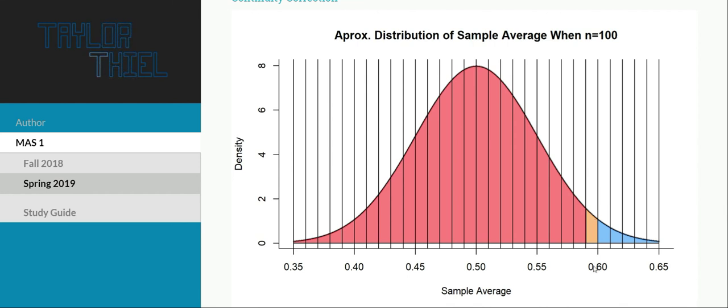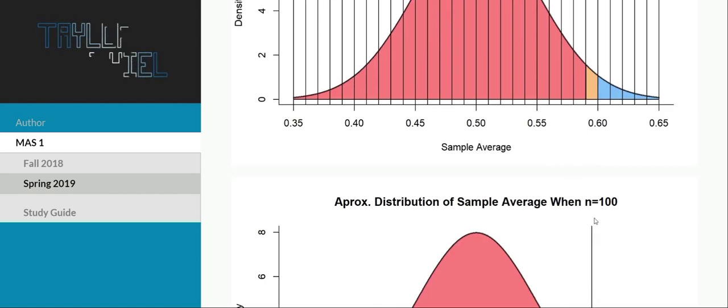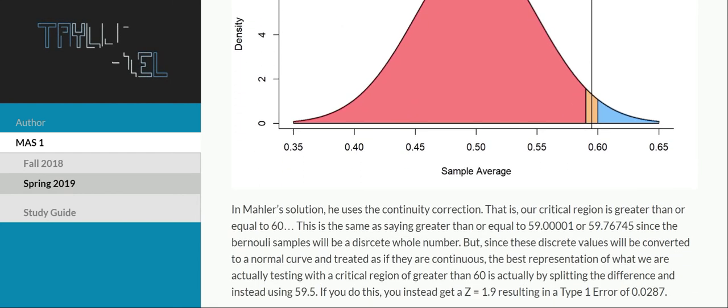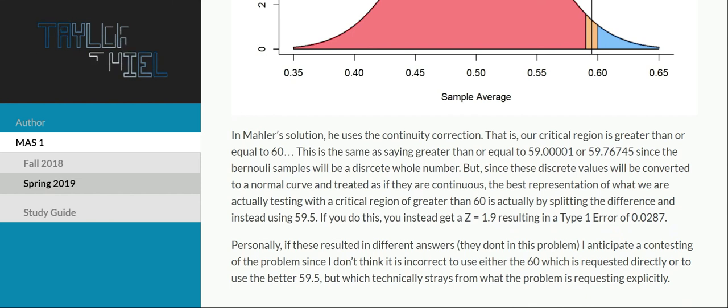So what you can do is just split the difference and say, instead of considering 0.6 for our critical region, we're actually going to use 0.595. So that way, half the distance between those two values, the area to the right is assigned to the blue region, the area to the left is assigned to the red region.